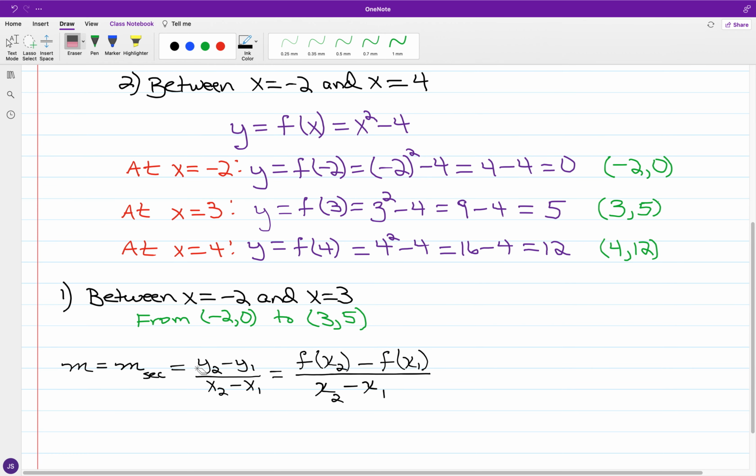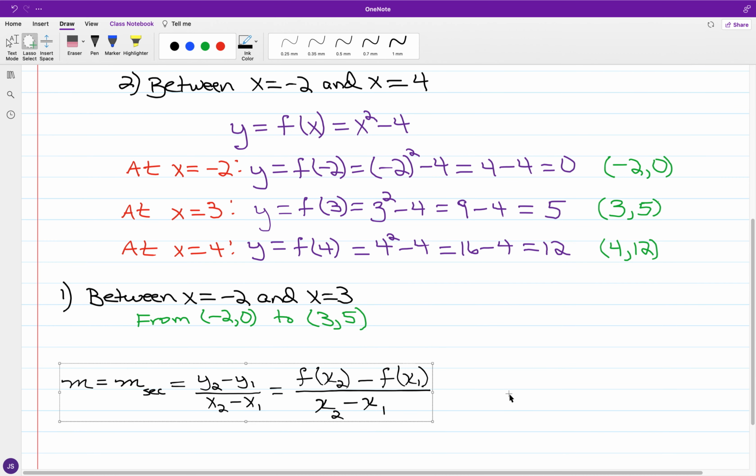Okay. So again, you have y of 2 minus y of 1, or f of x of 2 minus f of x of 1, and you have all over x of 2 minus x of 1. And so for the average rate of change between x equals -2 and x equals 3, I have the coordinates already specified.